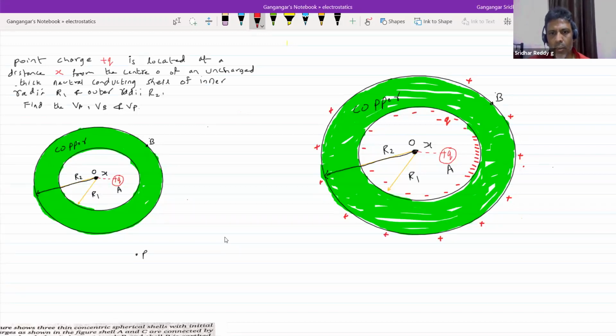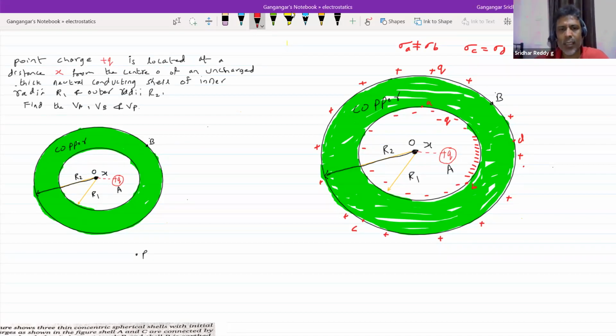Such questions are there, but they spread it somewhere randomly here and there, not at one place. So total charge will be plus Q. If you are interested, take points A, B, C and D. Very specifically, sigma A is not equal to sigma B, whereas sigma C is equal to sigma D.